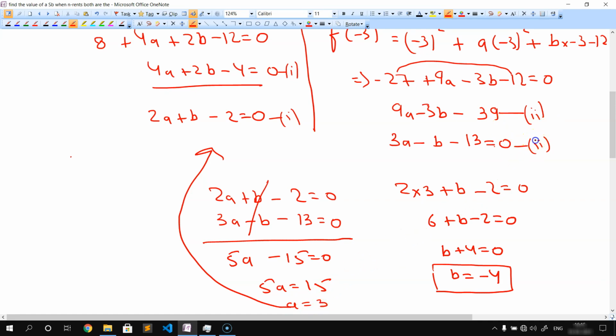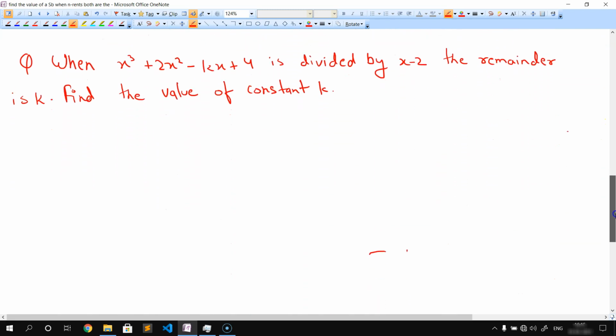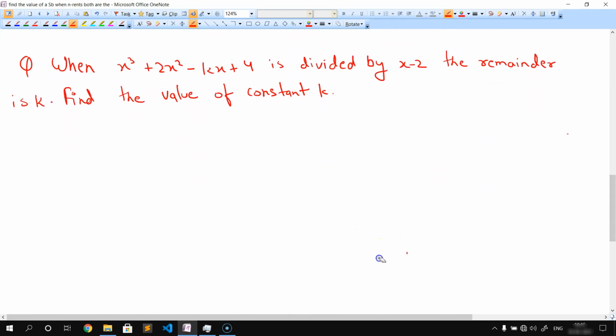So let's move forward to our next question. It is given that when x cube plus 2x square minus kx plus 4 is divided by x minus 2, the remainder is k. Here the remainder is k.